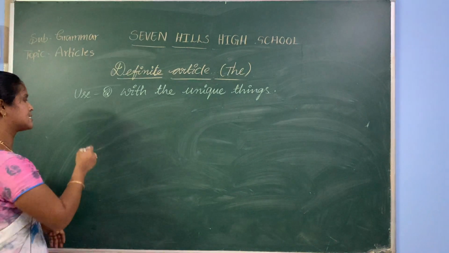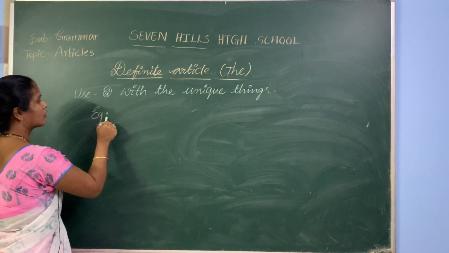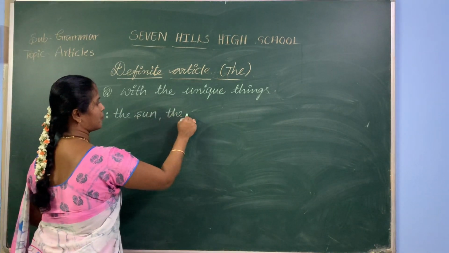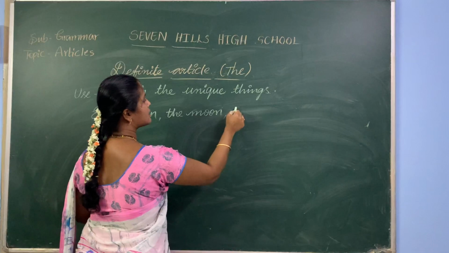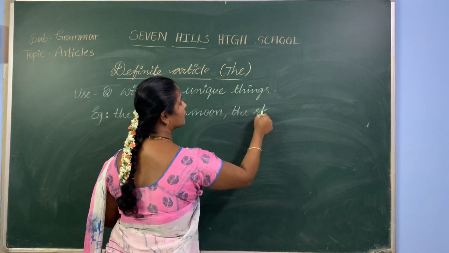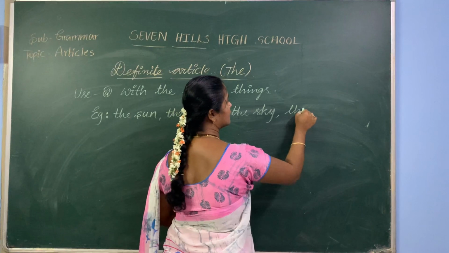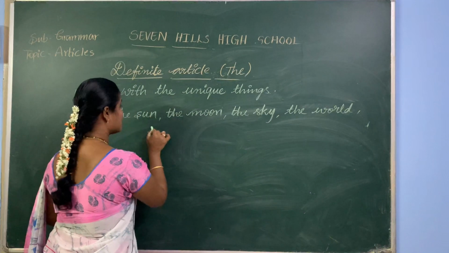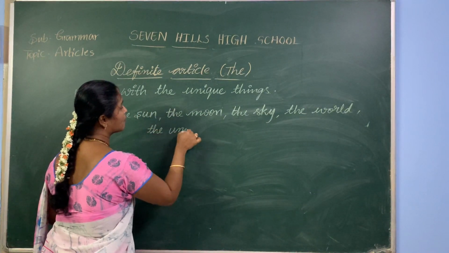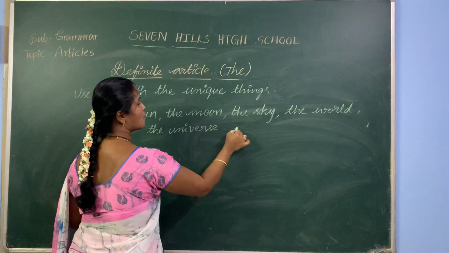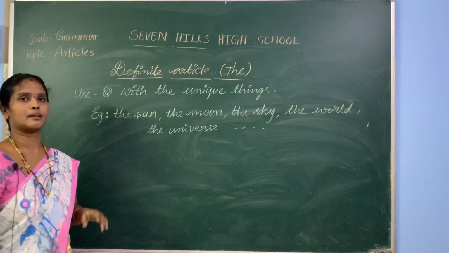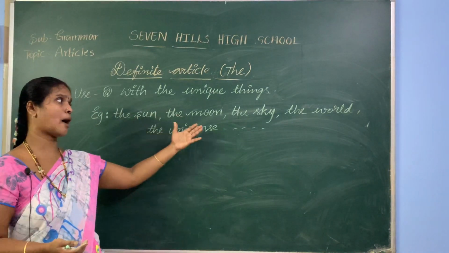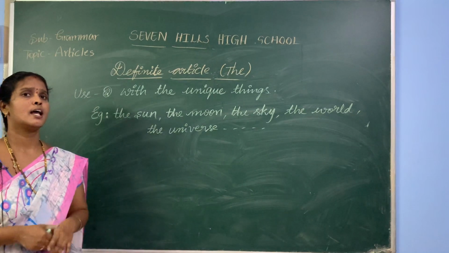Take for example the sun, the moon, the sky, the world, the universe, and so on. See, I used the sun. Why? Because there is only one sun. Similarly, the moon, the sky, the world, the universe, like this.